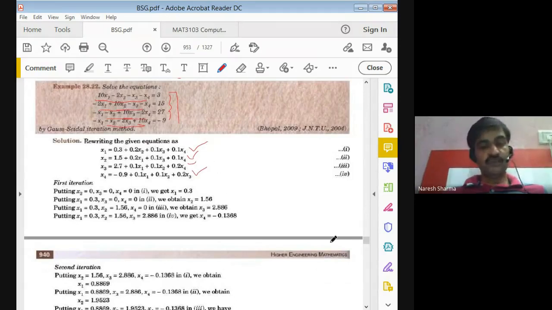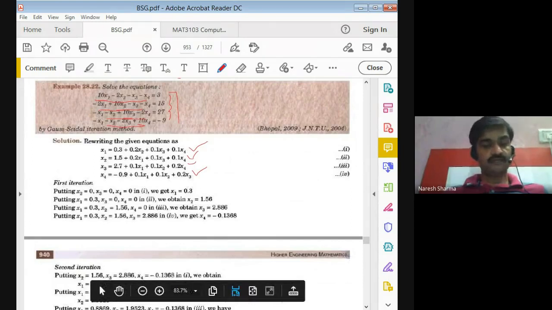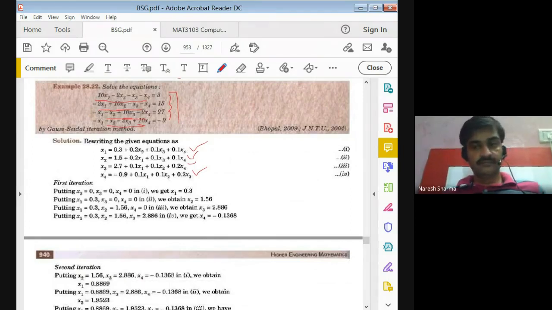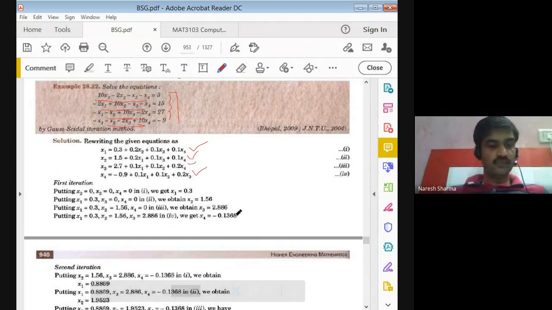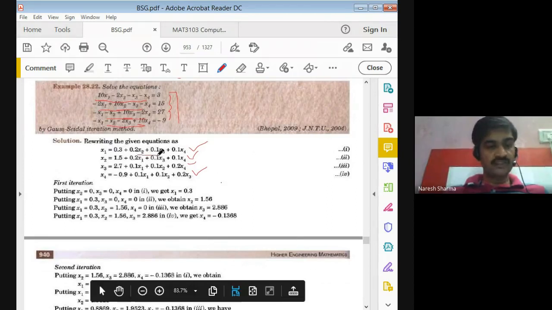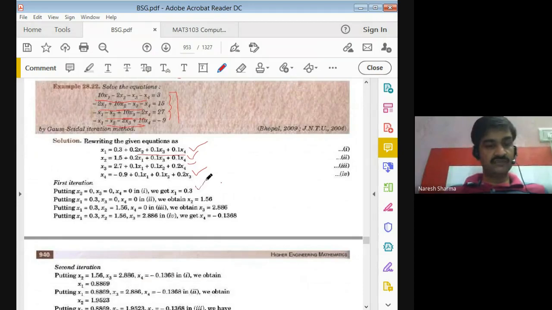Now put your initial approximation here. We assume x2, x3, and x4 are 0, and we get x1.